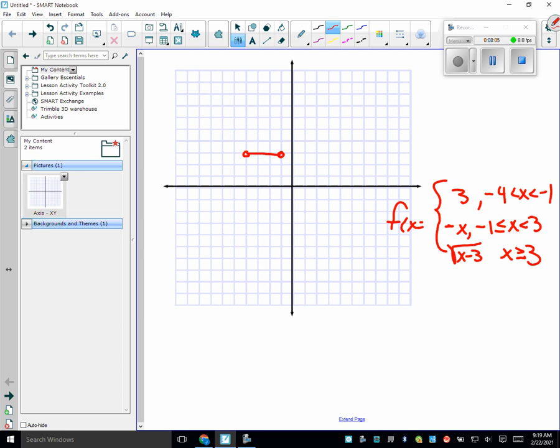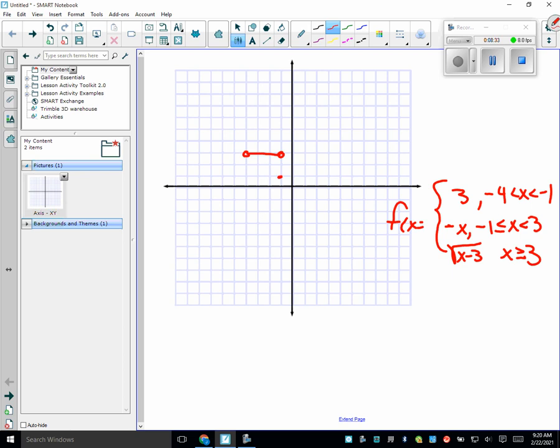The second piece is -x, which, by the way, is just a line, isn't it? So when x is -1, what is y? With a closed circle. Yeah. Right?